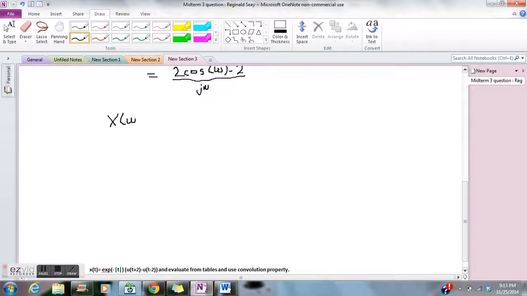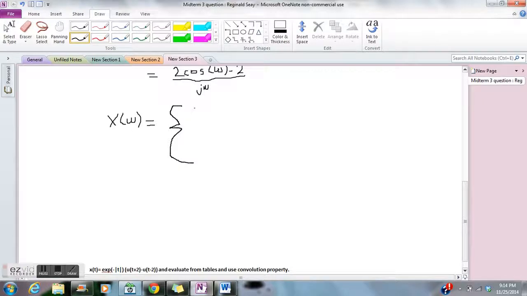Then we can also write this as x omega is equal to 2 cosine omega minus 2 over j omega as the first part. Sorry about that, I wrote that wrong. For the first part, we're just going to set up this small interval.